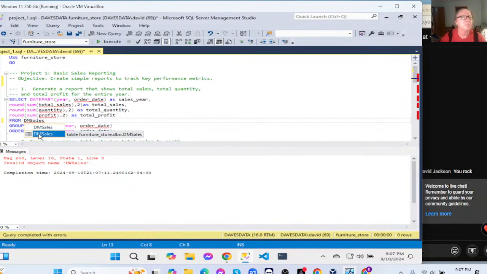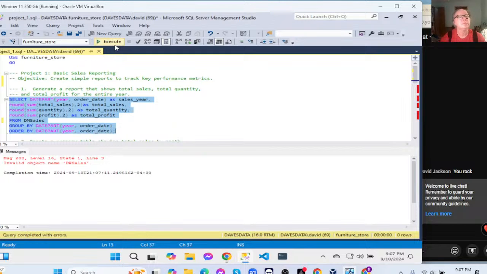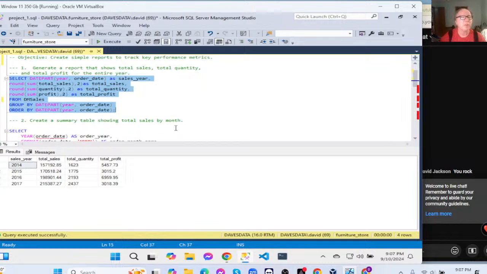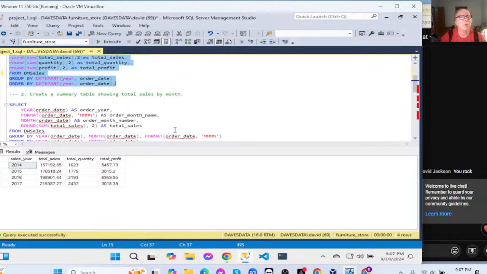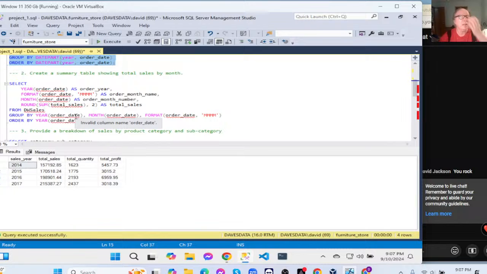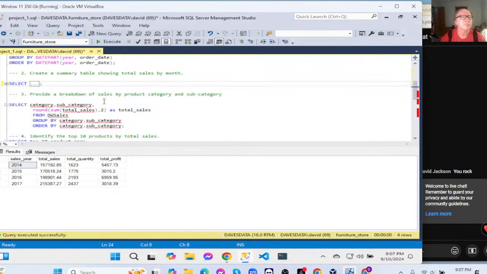So the main point is date part. We pulled out the year, okay. We did a summary by date part and order by date part. So what this gives us was, it's got to be DM sales now, right? And there's a total by sales, but not sorted by sales.